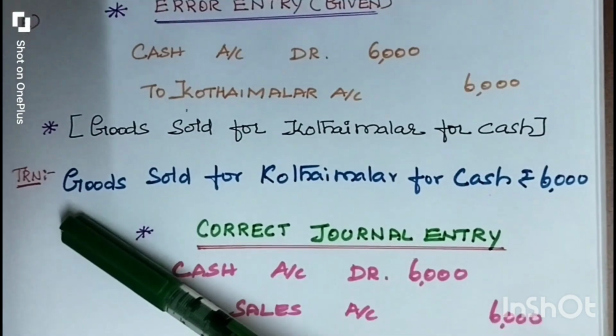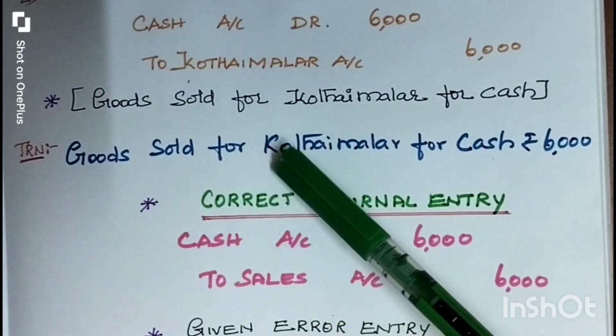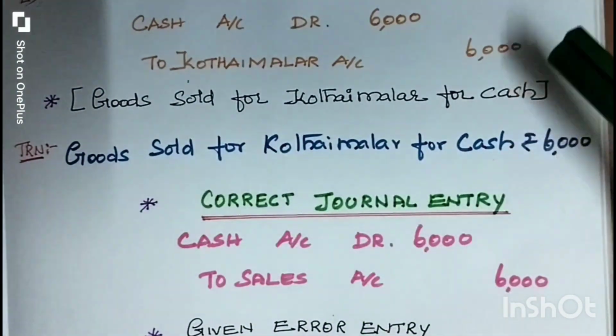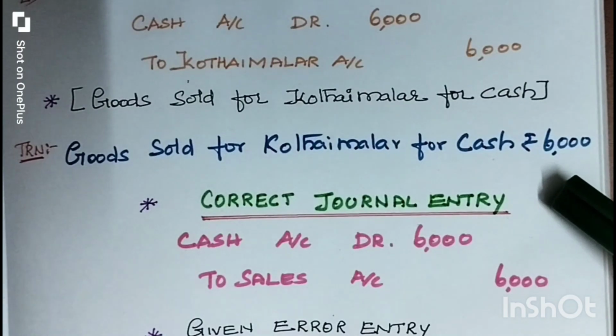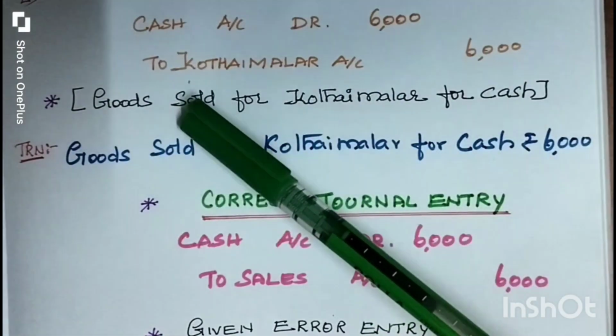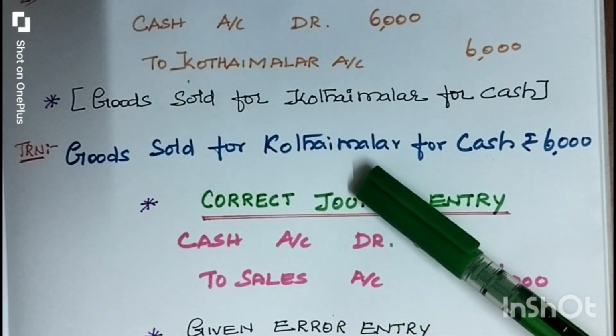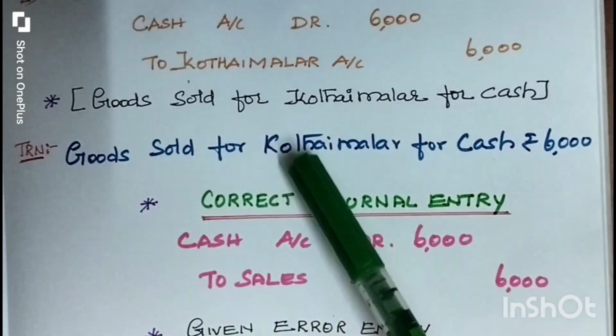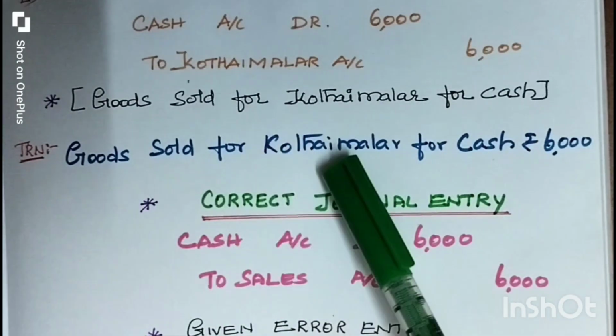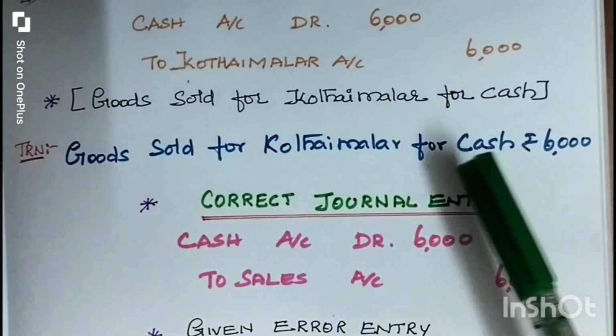The transaction is goods sold for Kodai Malar for cash, 6,000 rupees.